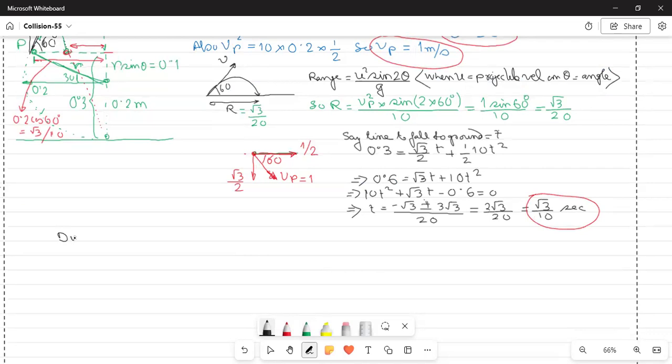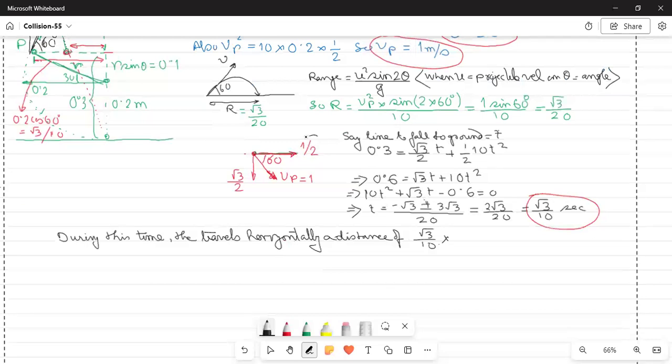So we come here. During this time, it travels horizontally a distance of, time is equal to root 3 by 10, and horizontal velocity was half, is equal to root 3 by 20 meter.